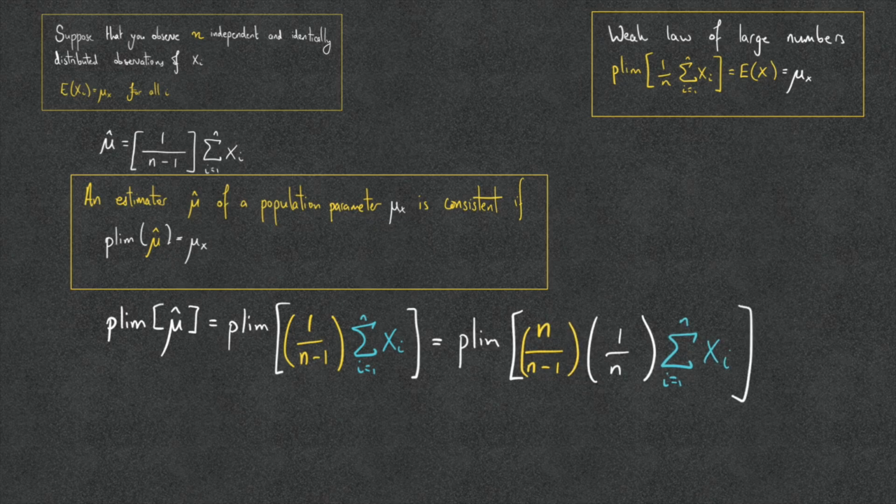Now, we haven't changed anything here. All that we've done is we've multiplied and divided by n, which is equivalent to multiplying the estimator by 1. If you multiply out those brackets, you'll see that you still have 1 over n minus 1 times the sum of the xi's.